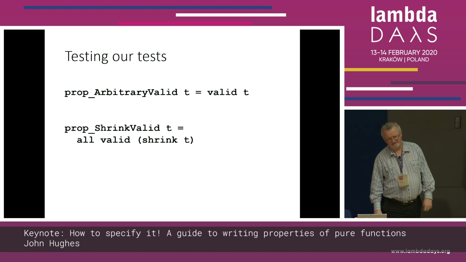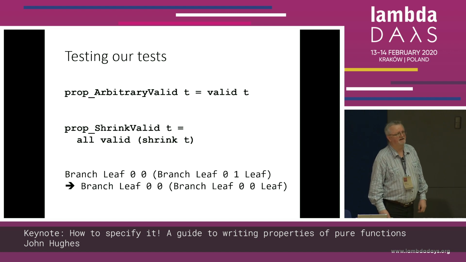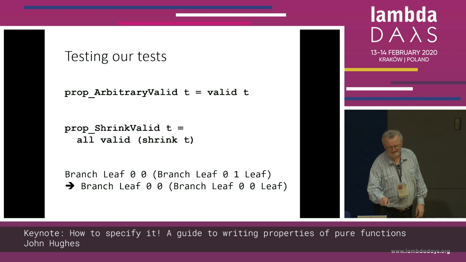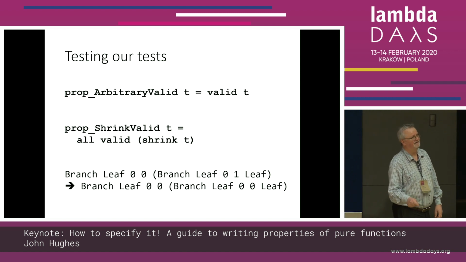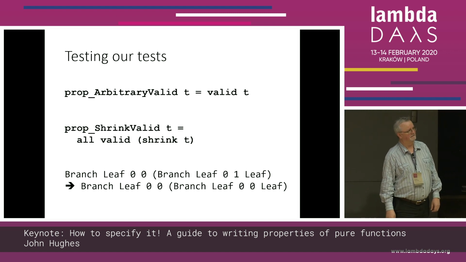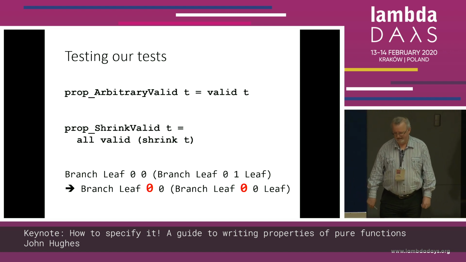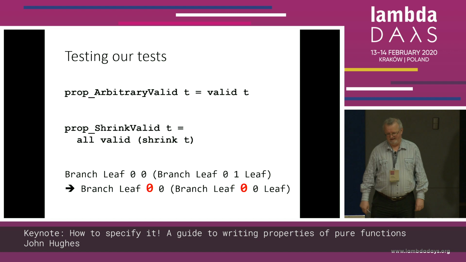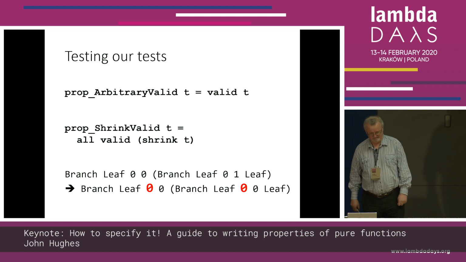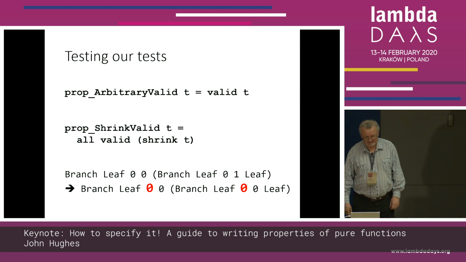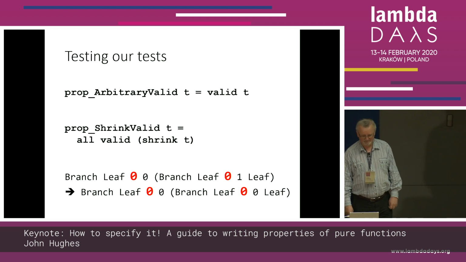But you know what? Even if I fix the bug in insert so that that first property passes, the second one still fails. Look, QuickCheck tells me that the first line there shrinks to the second line. Okay, and if you look at the second line, it contains the key 0 twice. Okay, that's not good.